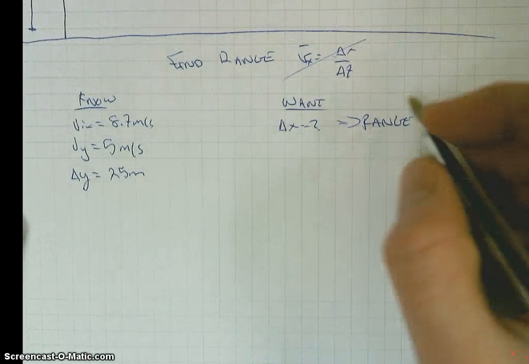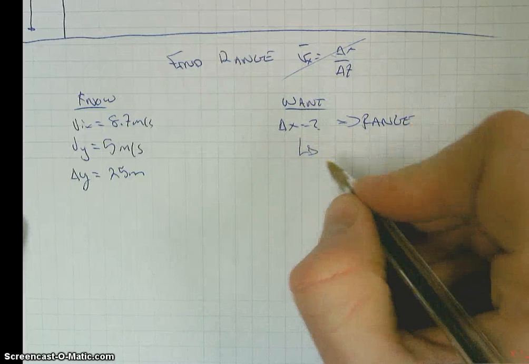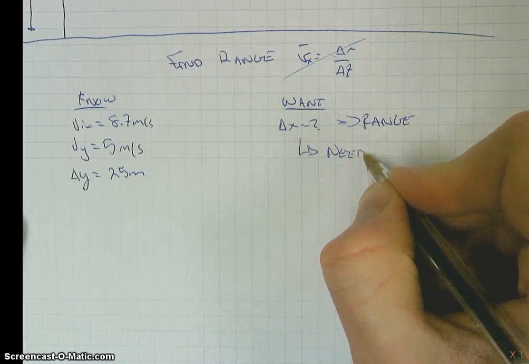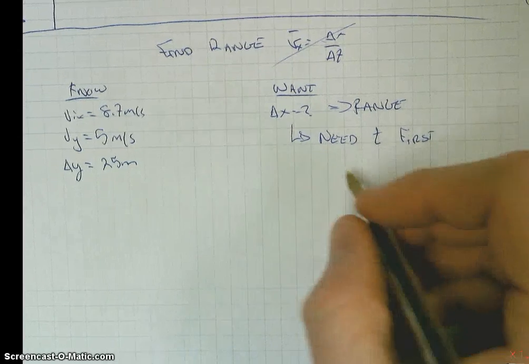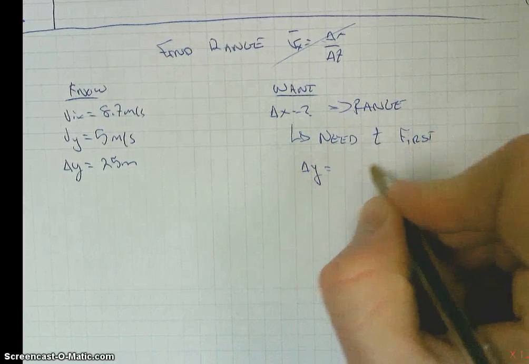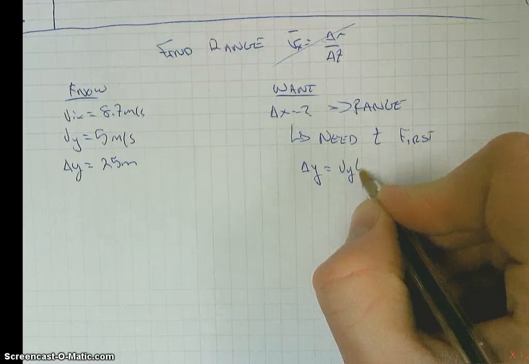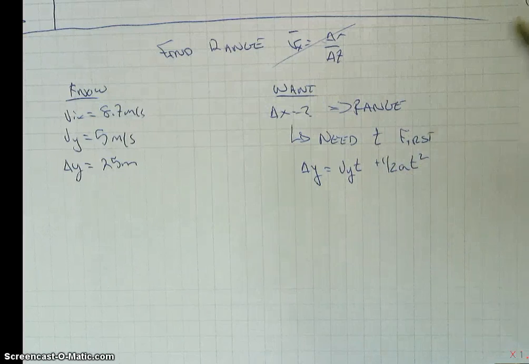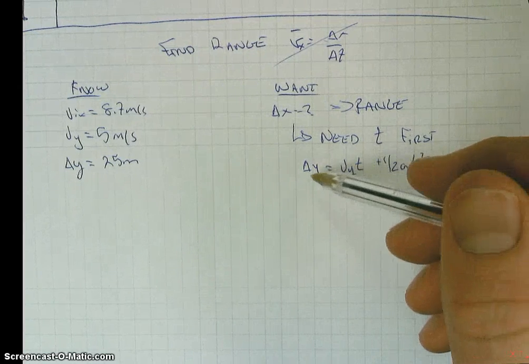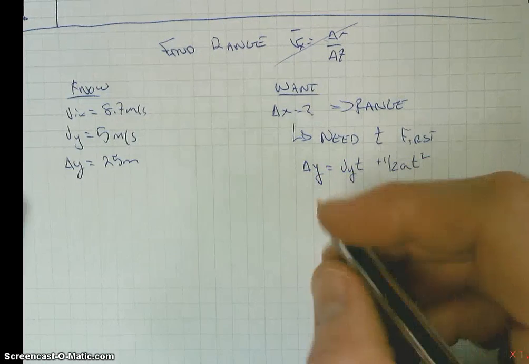So before we can find the range, we need time first. Solving for that, the delta y equation is delta y equals vy t plus 1/2 a t squared. Acceleration is gravity, our vy we solved, our delta y we're given. I'm going to plug my numbers in.